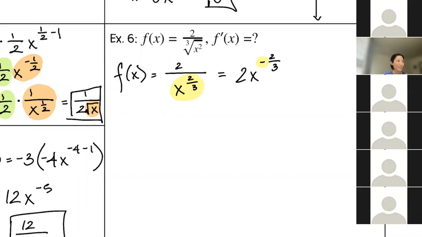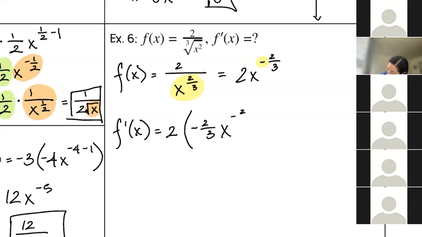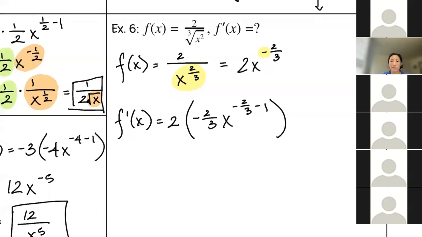Okay. All right. So now that we see our power, let's go ahead and apply our power rule. So we're going to keep our coefficient. All right. And let's bring down our power. And we're going to subtract a power. All right.